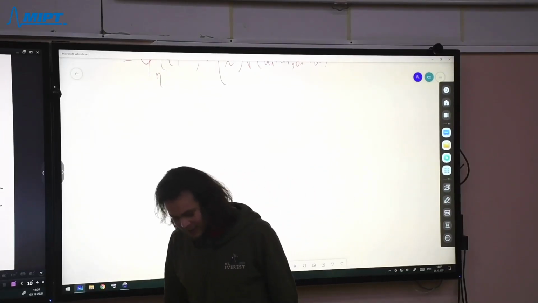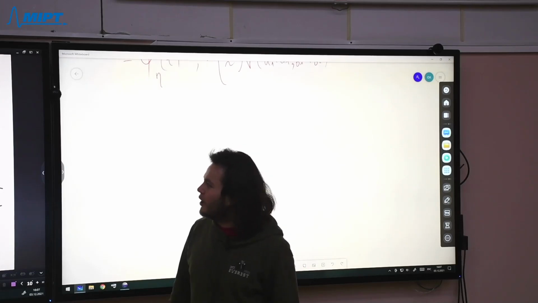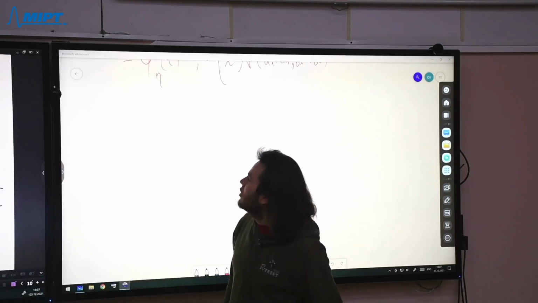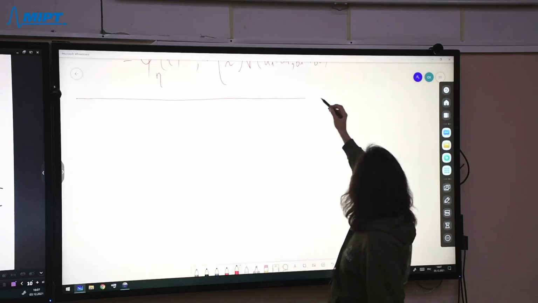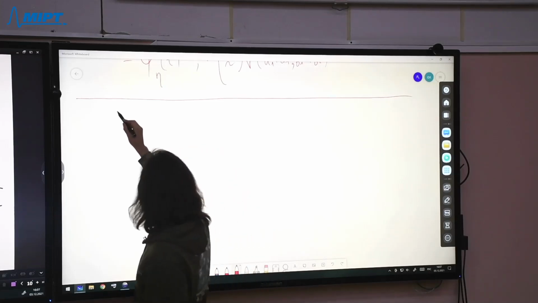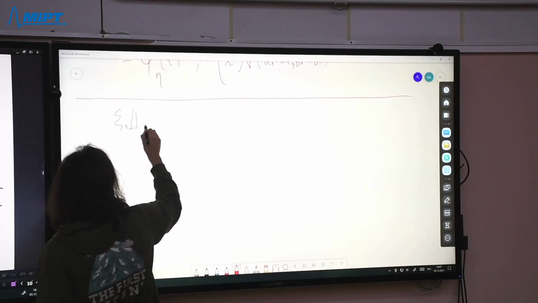Now, this one was for psi1 and psi2 having a normal distribution. Now let's do exactly the same when we have the gamma distribution. Let's say that psi1 and psi2 are independent.